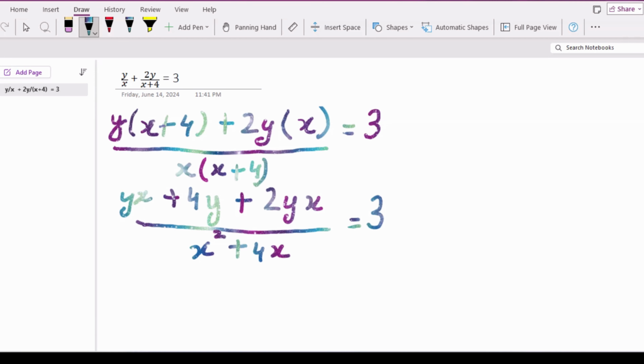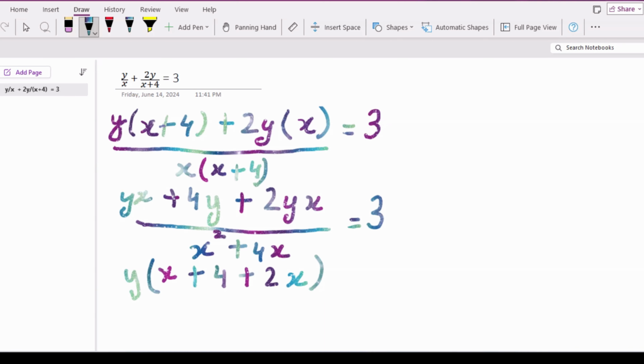Our next step is to see what is the common thing that you see in all the numbers in the numerator. You will see that y is common in there. So we can write down y, taking it out as common, times x plus 4 plus 2x. Right.